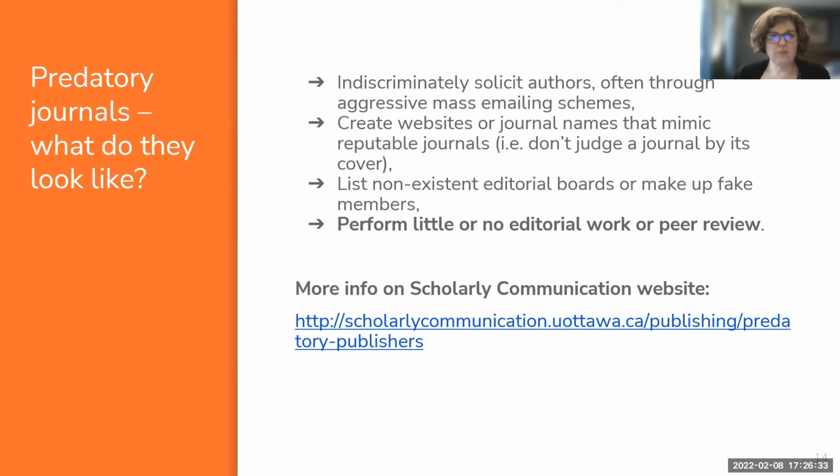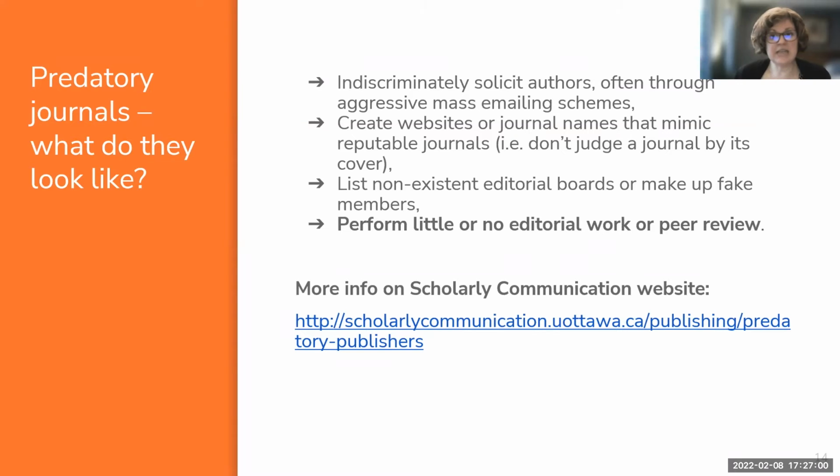And so we have more information on how to flag potential predatory publishers on our scholarly communication website. A few quick red flags would be if they claim a rapid turnover, like 2 weeks from beginning to end of publishing your article. That would already be a red flag.